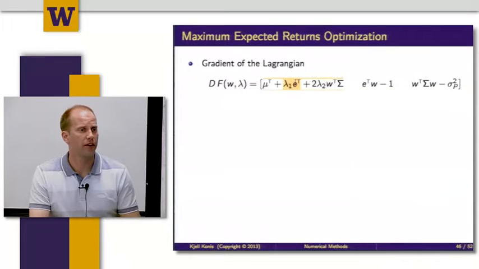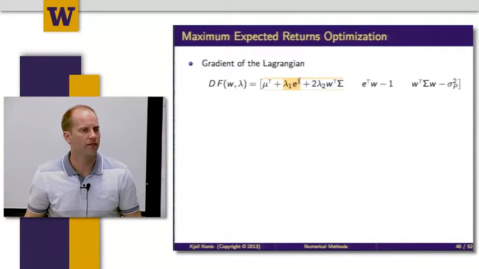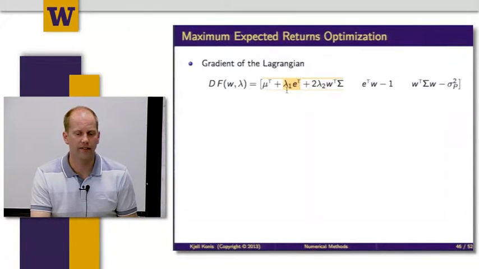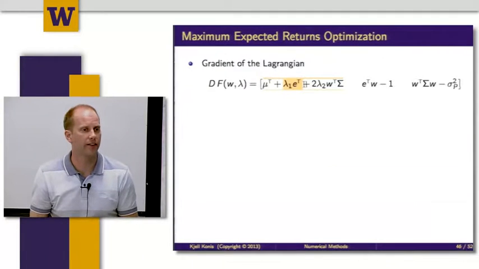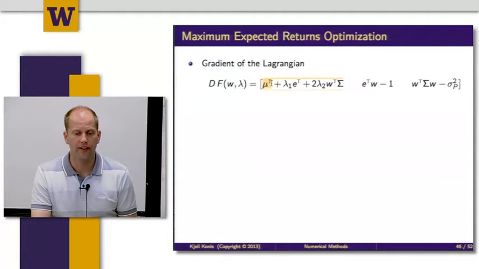E is a column vector of n ones, so E transpose will be a row vector of n ones. When I multiply that by lambda 1, this thing that I have highlighted is a row vector that just contains the value lambda 1 n times in a row. Since this is a row vector with n elements, and this is a row vector with n elements, I can go ahead and add them.